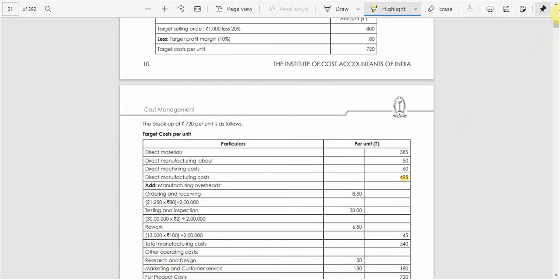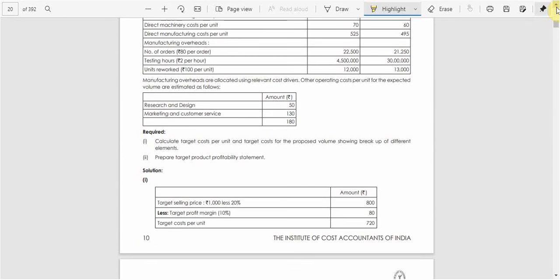Similarly for other costs, like testing and inspection. The testing hours are given as 30 lakhs, and for each hour we need to spend 2.